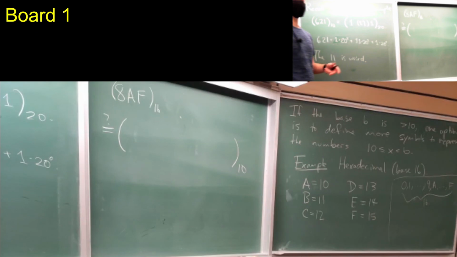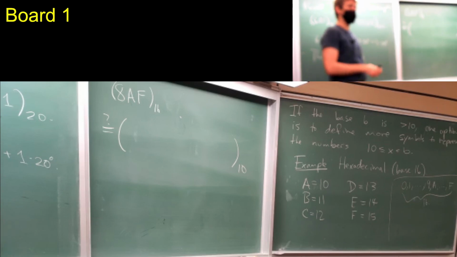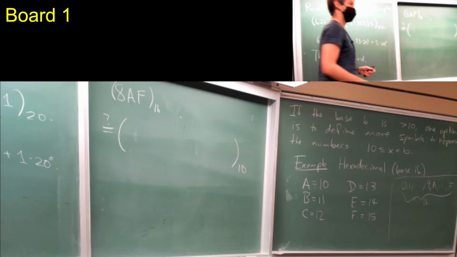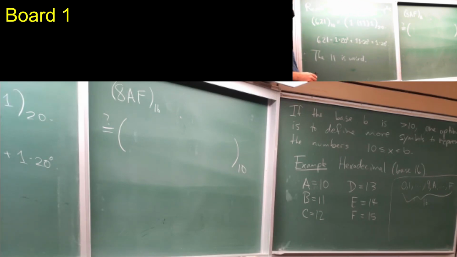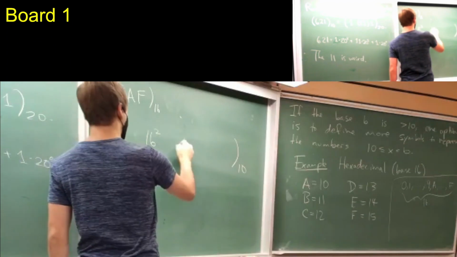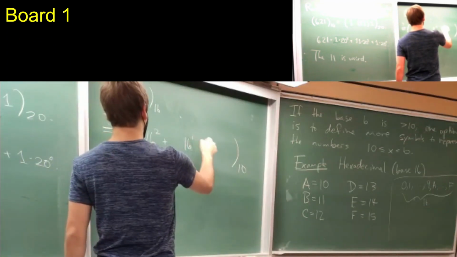I won't be able to do this in one step, but there's a bit of a calculation here. So how would I start this calculation? I'm not sure if it's clear what I mean by that. Yeah, you may as well do that. That's a good idea.